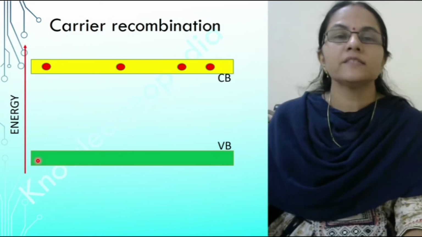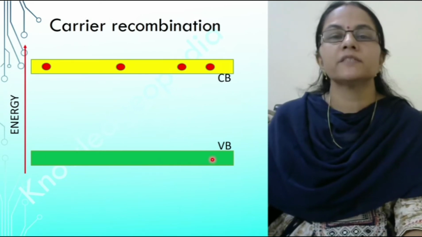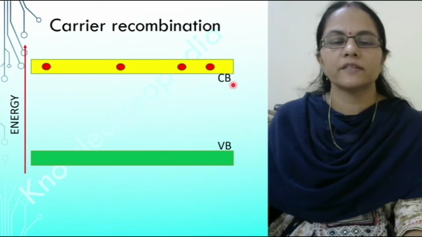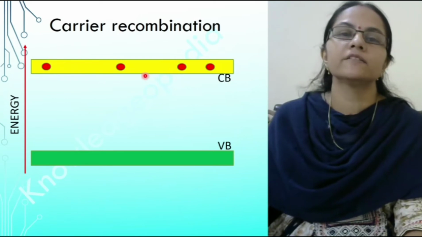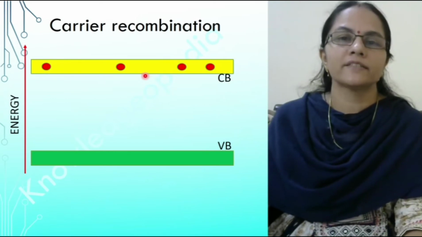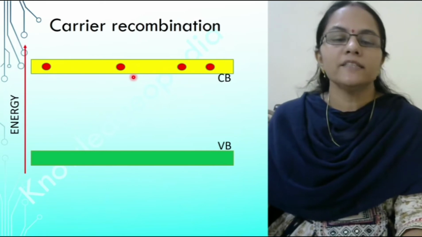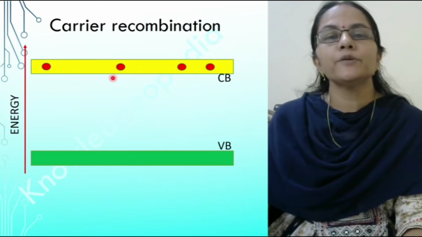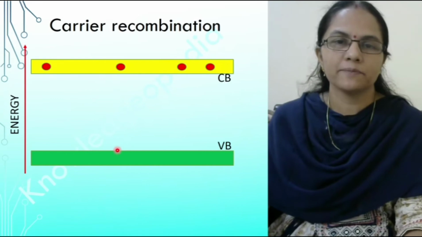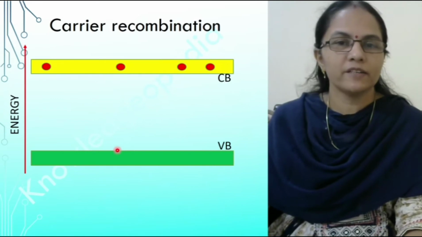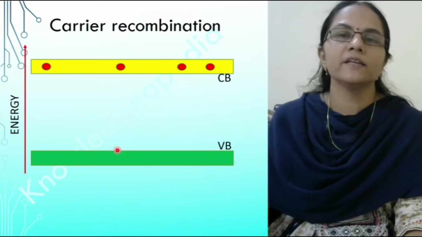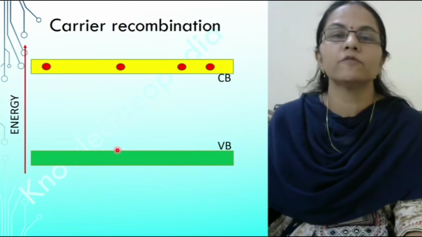Here, in this diagram, this green one represents the valence band, this yellow one is the conduction band, and these red dots over here are electrons. Generally, these electrons will try to come back to the valence band, but there are different ways through which they can come back. We will see one by one.